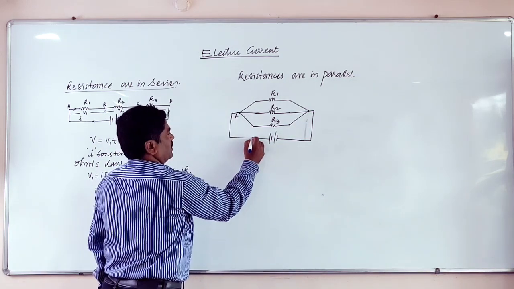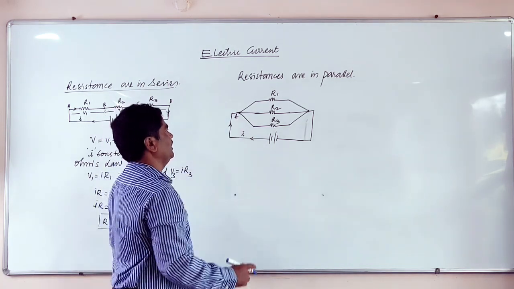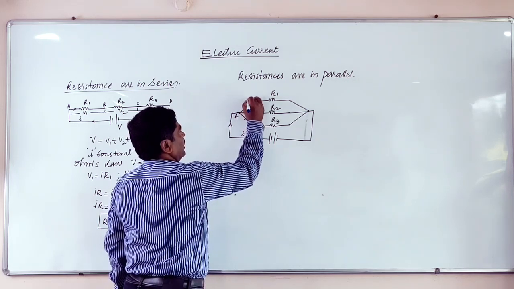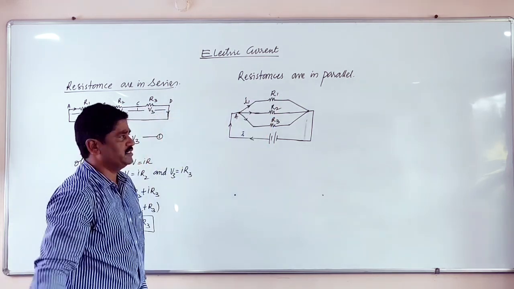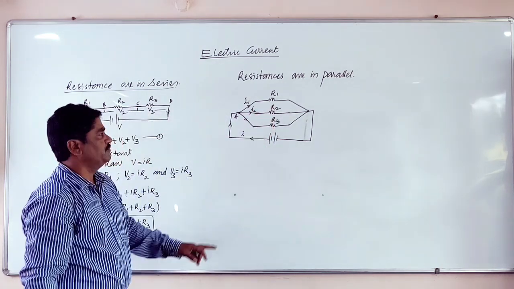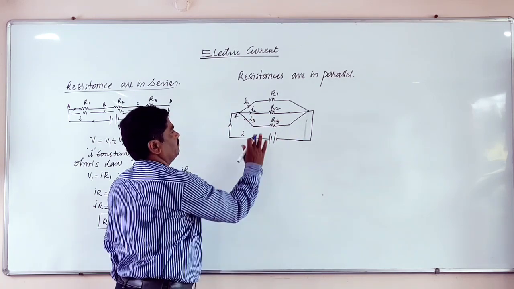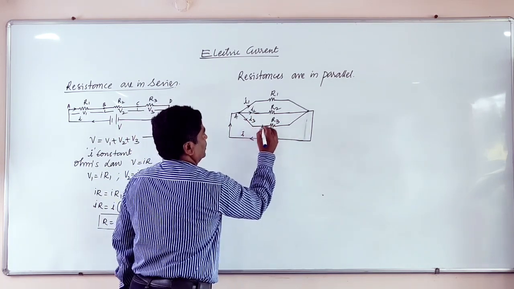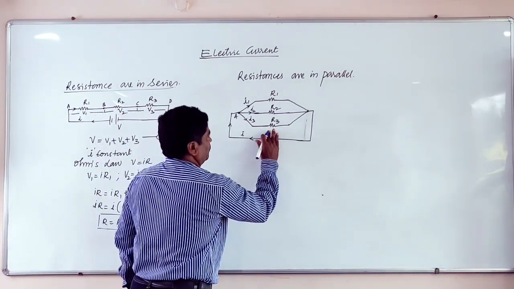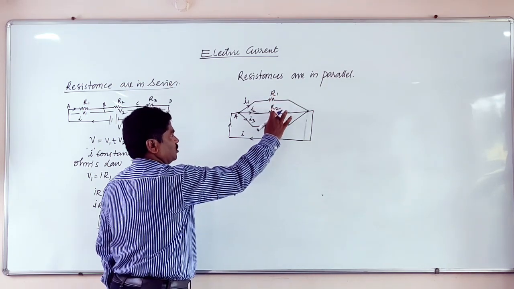In this circuit, whichever current is drawn enters at A, and then there are three ways. The current I1 passes through R1, current I2 passes through R2, and current I3 passes through R3. The potential difference of the battery is the same as the potential difference across R1, R2 and R3.